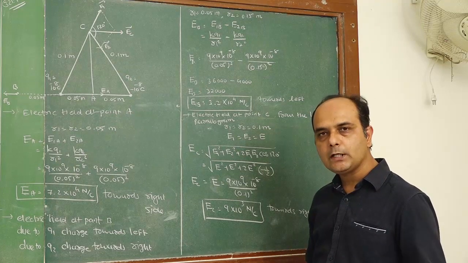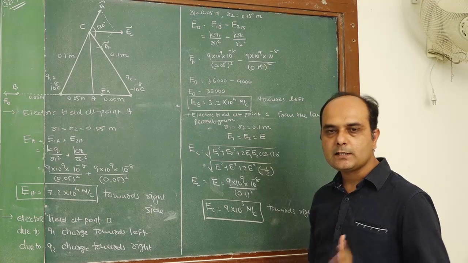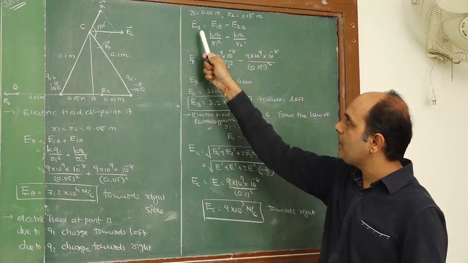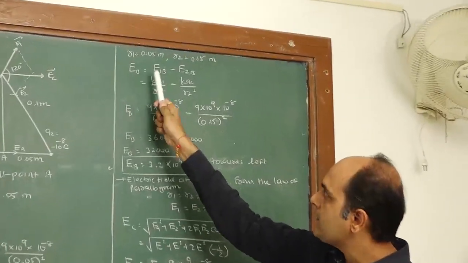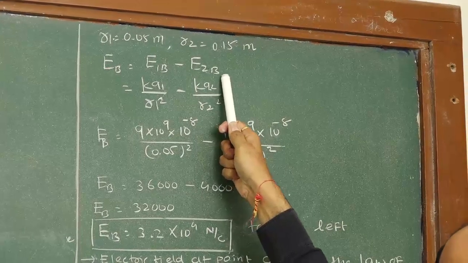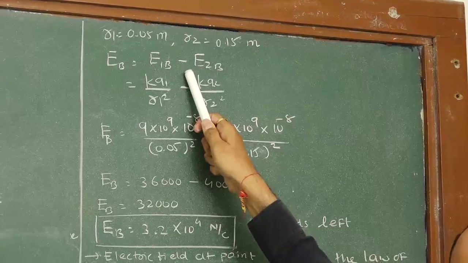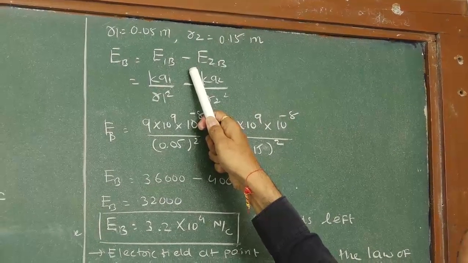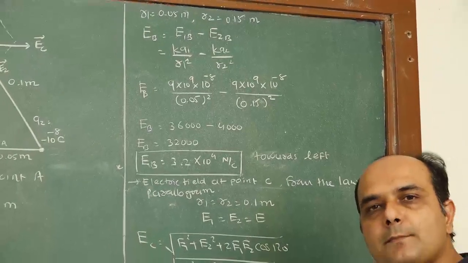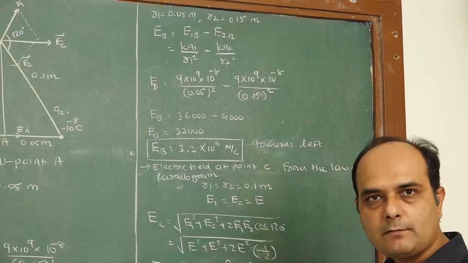Therefore between these two electric fields, subtraction takes place. The resultant electric field at point B is E1B minus E2B. In the previous case there was a plus sign because both electric fields were in the same direction, but now it is a minus sign.